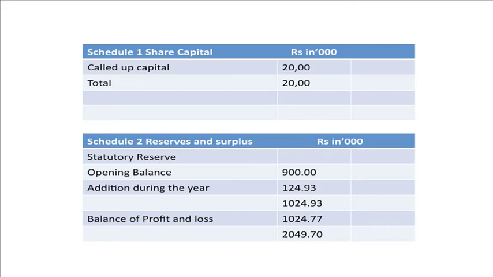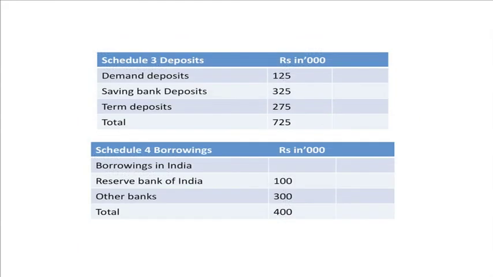Then the profit which was extracted from the P&L account and carried forward to the balance sheet is 1024.77. So, adding up the statutory reserve and the P&L account's profit, we are getting the total of reserves and surplus as 2049.70.